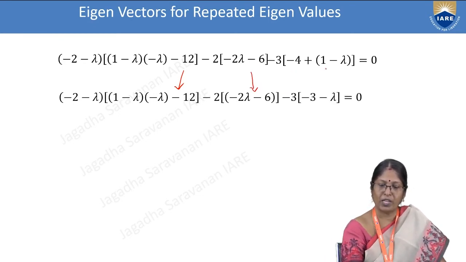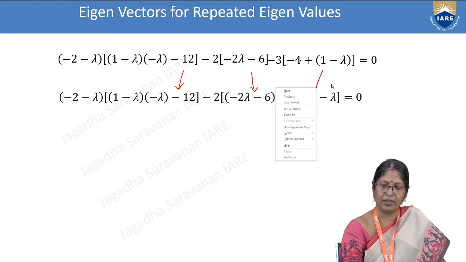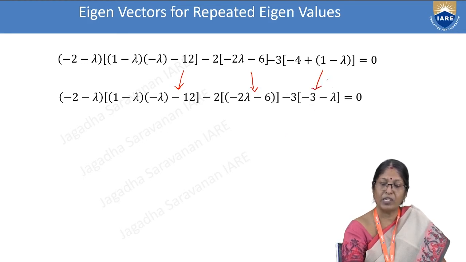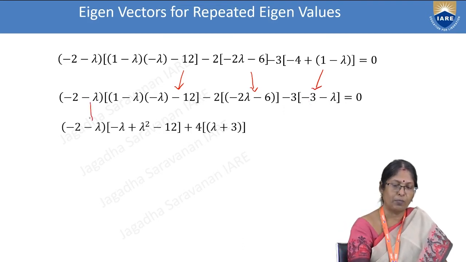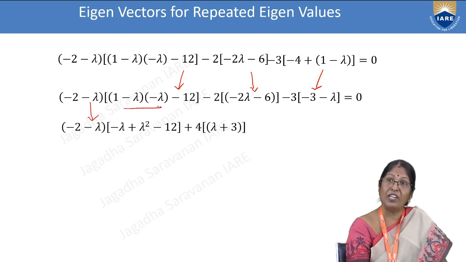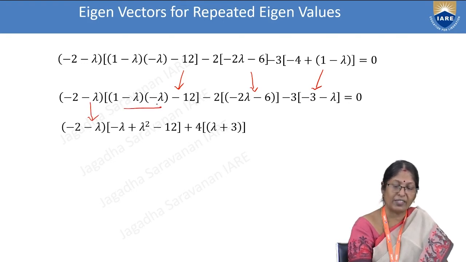Here minus 4 plus 1, the simplification is done, and it is written minus 3. And next step, here we did the multiplication. That is minus lambda we have taken inside, 1 into minus lambda, minus lambda. Minus lambda into minus lambda, plus lambda square, minus 12.